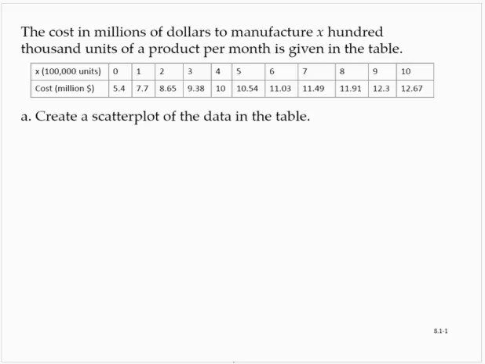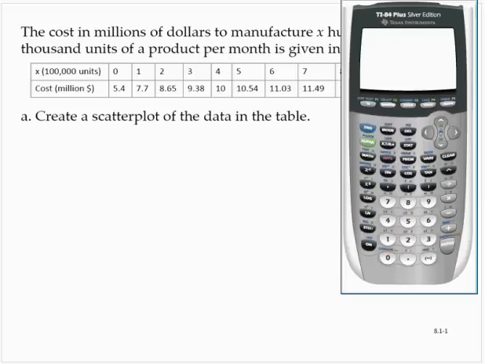All right, so let's bring up our calculator and go to our stat and edit, and let's clear out some old stuff. List 1 had 0 through 10.